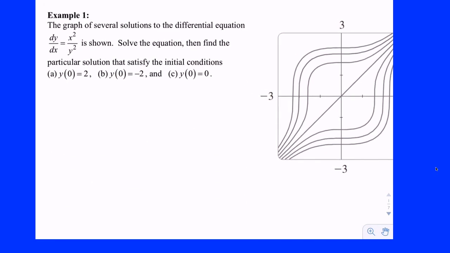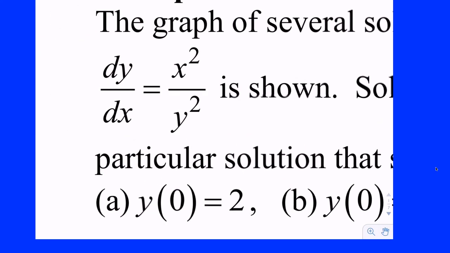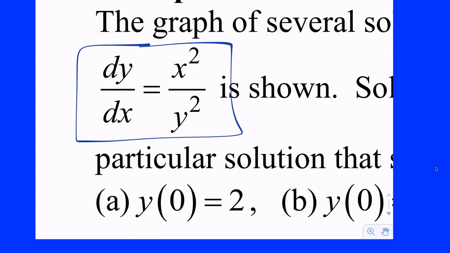Example 1. The graph of several solutions to the differential equation dy dx equals x squared over y squared is shown. Now, before we look at the graph, I didn't have to tell you that was a differential equation. You would know it by looking at it because what? It has a derivative in it, right? This would be a first order differential equation because it's a first derivative.